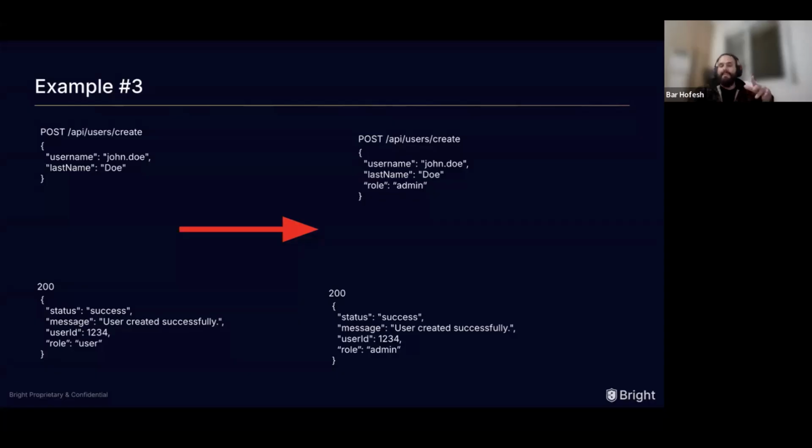Think about achievements, right? Which achievements do you already have? If you get it in the GET, can I change it in the POST? If I have discounts attached to my user, can I add more discounts? Can I change the discount? Can I add credits? Let's say AWS, etc., services that give you credits.